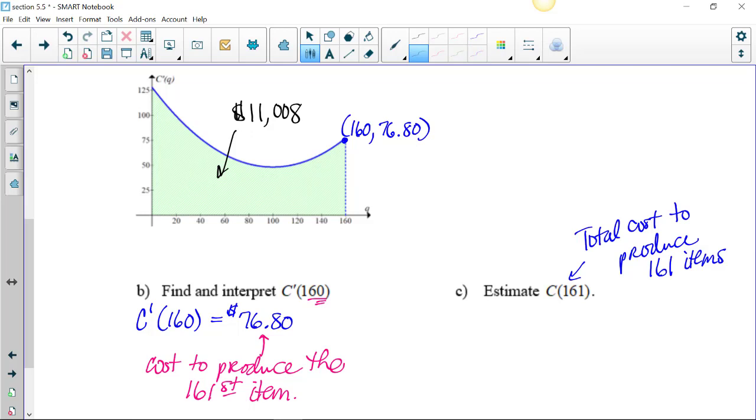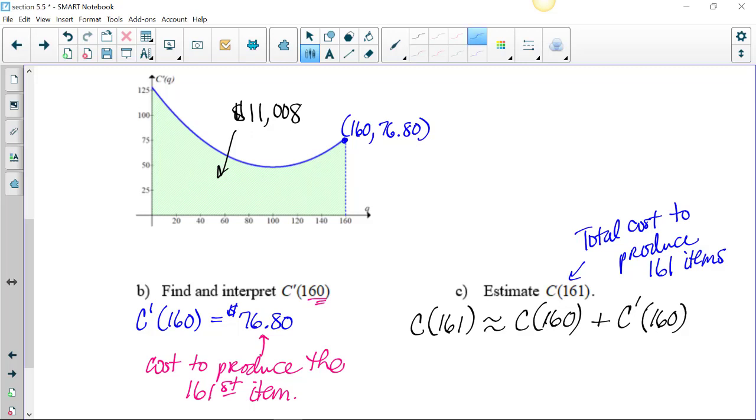We just found that. So we can say C of 161, and we're approximating, would be the total cost to produce 160 items, plus the cost to produce the 161st item, which is the marginal cost to produce one more.